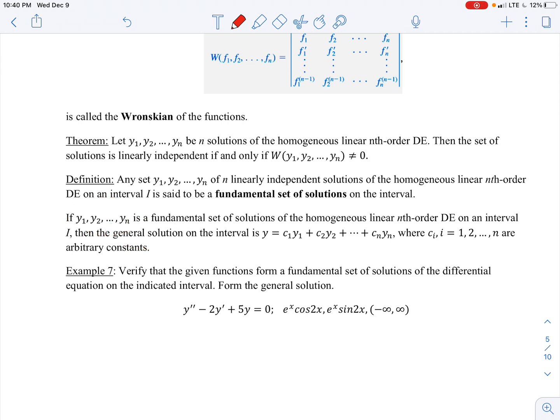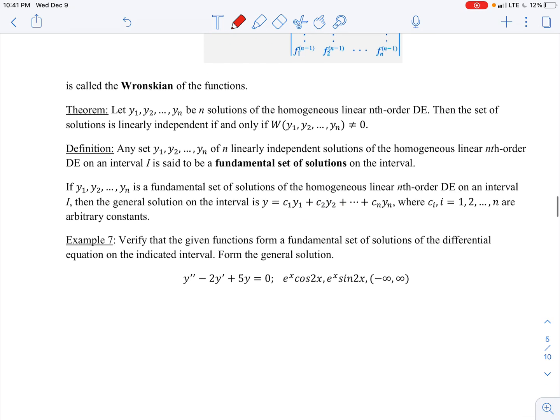So notice you have c sub 1 y sub 1, c sub 2 y sub 2. So it's just that linear combination, or our superposition principle, where we just add all of our solutions together multiplied by a constant, where c sub i, where i is 1 all the way to n, are arbitrary constants. So all of our c's are constants.